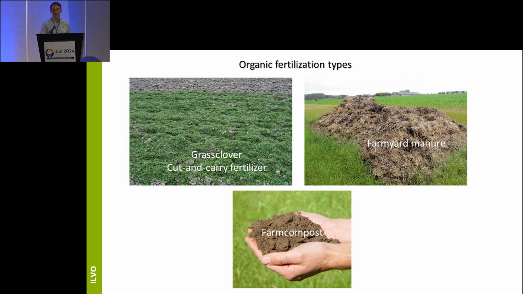It can be harvested for feeding as fodder for the cattle, but it can also be used as a fertilizer product on other fields. Then you have the more traditional use of farmyard manure, non-composted, but you can also compost farmyard manure together with carbon-rich material and get a locally produced compost, a farm compost.